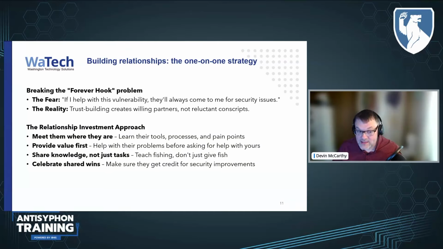And also celebrate wins. This is a huge one. I had a couple of developers who had a very sticky vulnerability that they had to work through with the vendor. They were in hours and hours of meetings to figure out how to fix that vulnerability in our system, and they put in all this time.